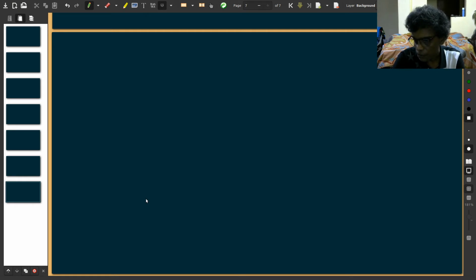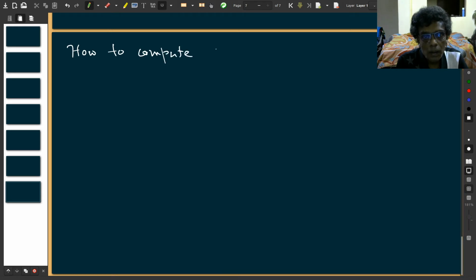So we will see a couple of notes on Euclidean division and GCDs. So the question is how to compute GCD of a and b in a reasonably efficient manner.